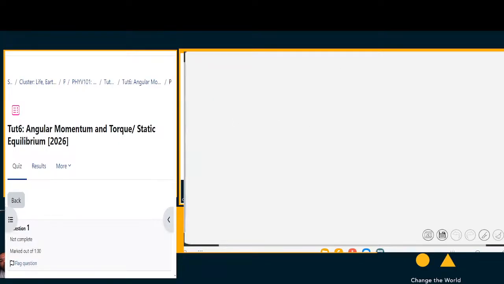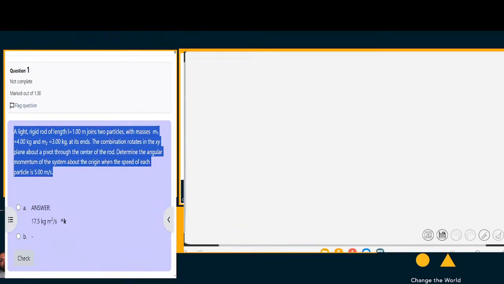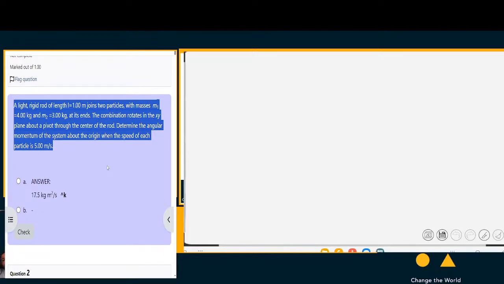So question number one, a light rigid rod of length L equal to 1 meter. Let me just draw the situation. This is question one. We have this here.